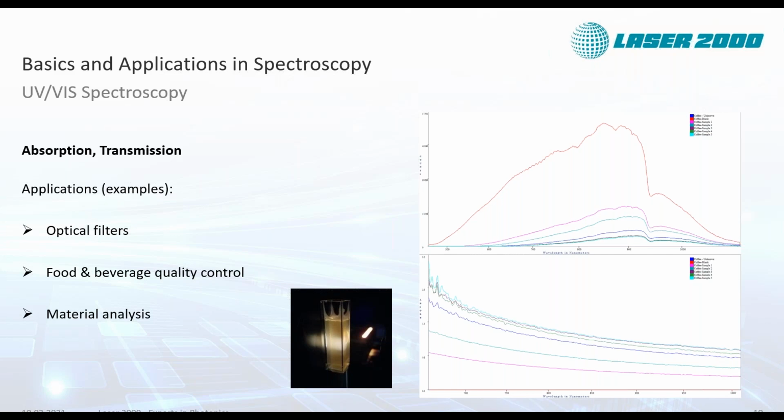The spectra on the right are concentration rows of coffee. Here in the scope mode, where you can see the original spectrum, and down here in transmission or absorption mode, where you can see the results and how they are shown there.